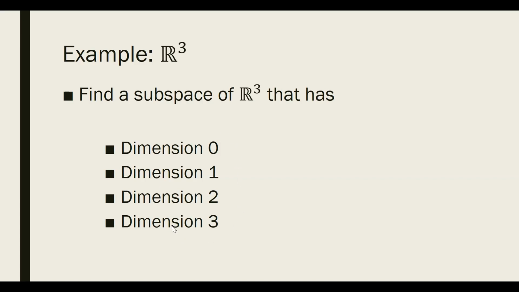Think about how you would create a basis for each one of these and see if you can get maybe one or two subspaces of dimension 1, one or two subspaces of dimension 2, one or two subspaces of dimension 3, and so on and so forth. Push pause on the video and see if you can create a subspace of each dimension within R3.